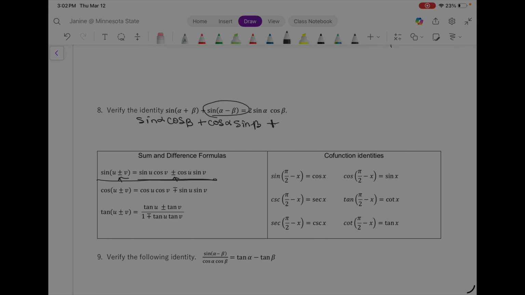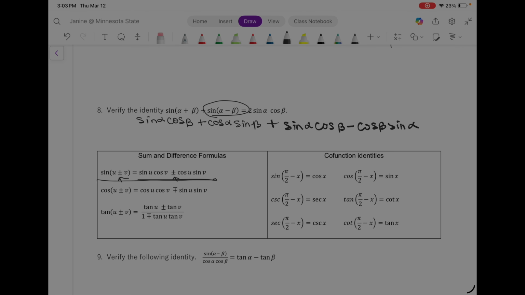Okay, sine alpha cosine beta minus cosine beta sine alpha. And we clean house. Do I need the parentheses if it's just a plus sign to distribute? No. Okay.